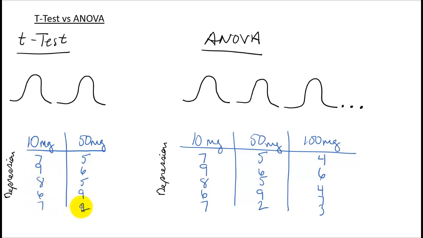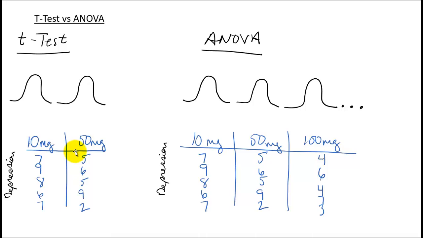A 50 milligram dosage of some depression medication has these scores. It looks like they go down. We're not going to calculate it, but it looks like there is a significantly lower mean for the people on the 50 milligram dose compared to people on the 10 milligram dose. This is an independent samples t-test. Is there a significant difference between two groups?